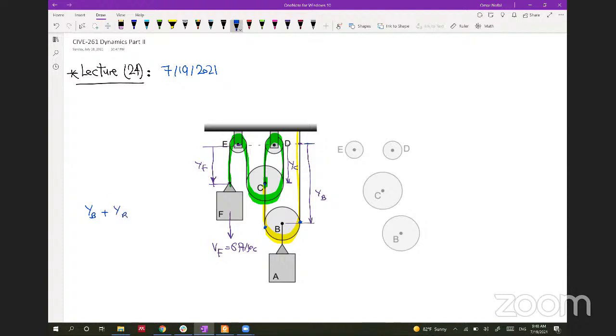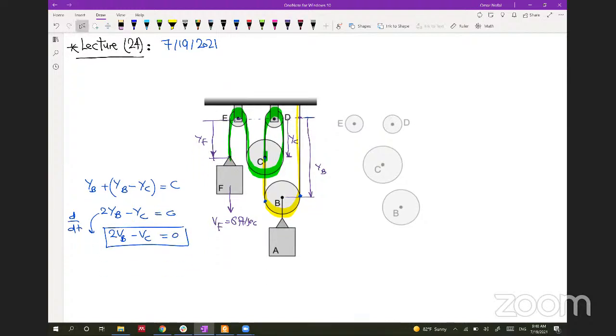So 2YB minus YC will be equal to a constant. And from here, if we take the time derivative d/dt, we will have 2VB minus VC equal to 0. So this is our first equation.